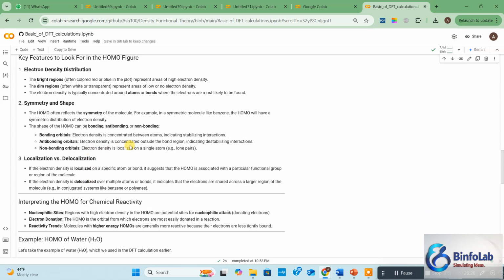If the electron density is not concentrated on the bond region but outside it, then we will say it's a kind of destabilizing interaction.